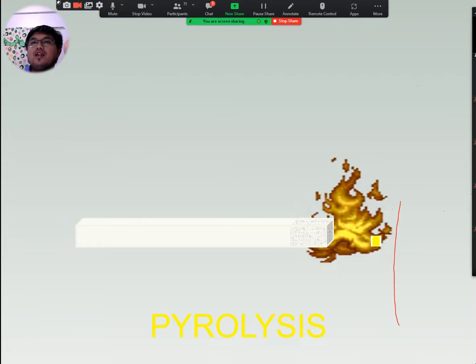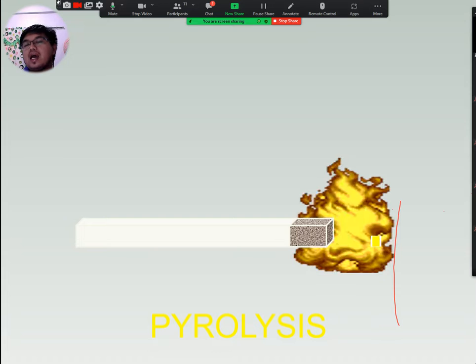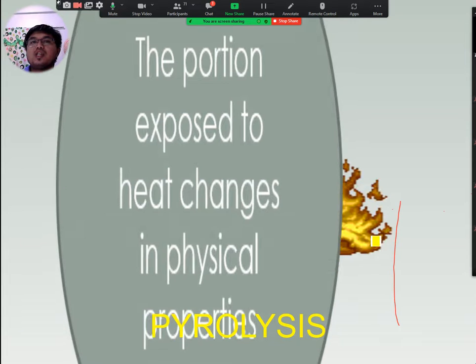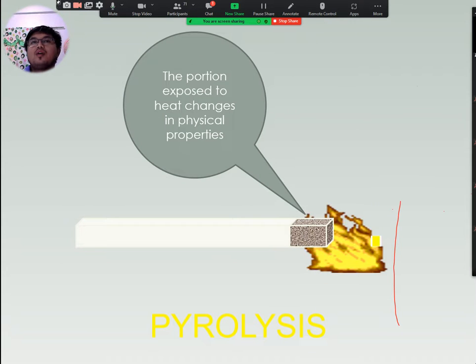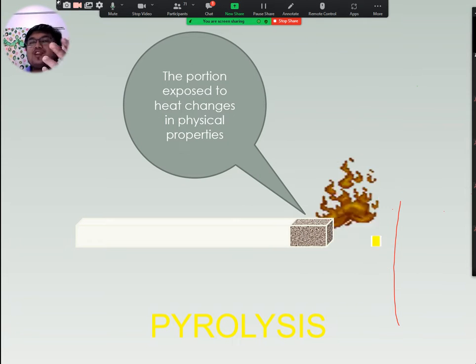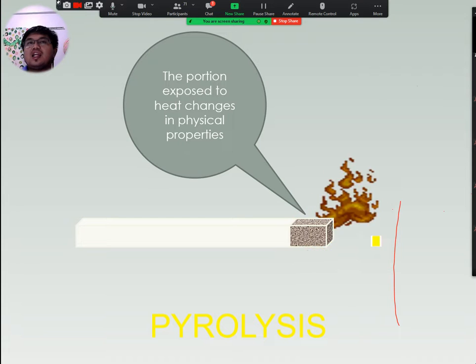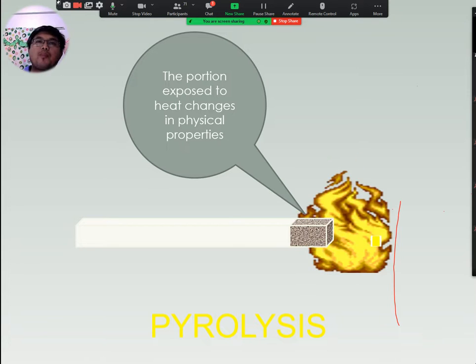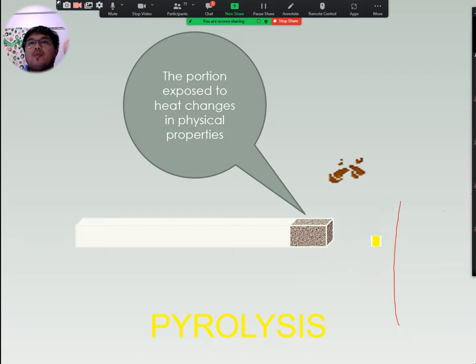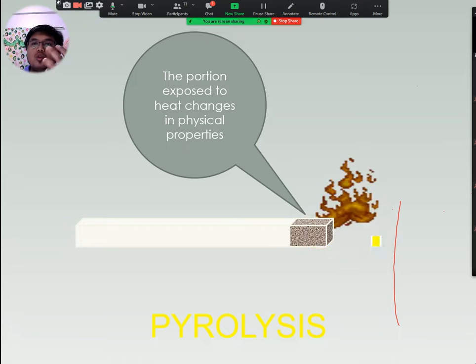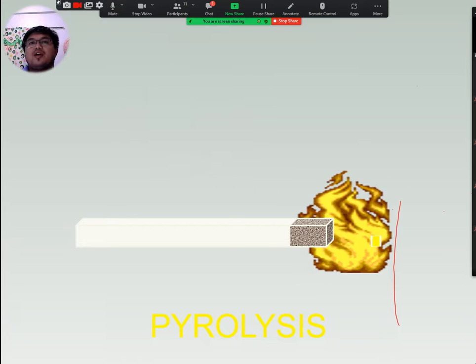Okay? Then, when you try to heat something, ayan, it tries to decompose itself. Okay? Nagkakaroon na ng changes, physical changes or physical properties. Kaya i-discuss natin mamaya yung the physical properties of fire. Yan, kung makikita mo dyan, this is the time wherein the wood tries to change its matter.